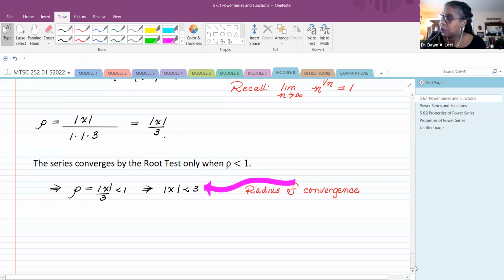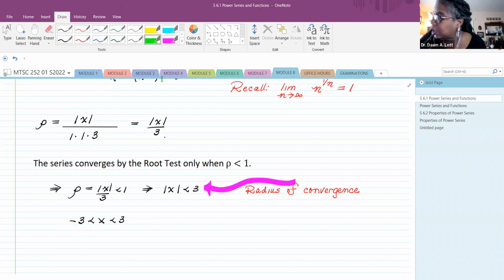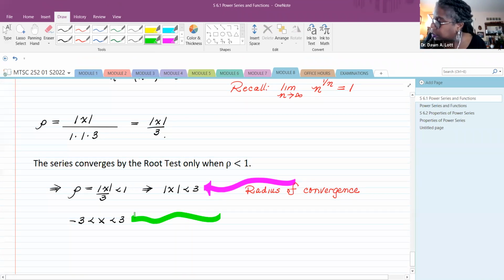Then we have a preliminary interval. When I do -3 less than x less than 3, this is now my preliminary interval of convergence.